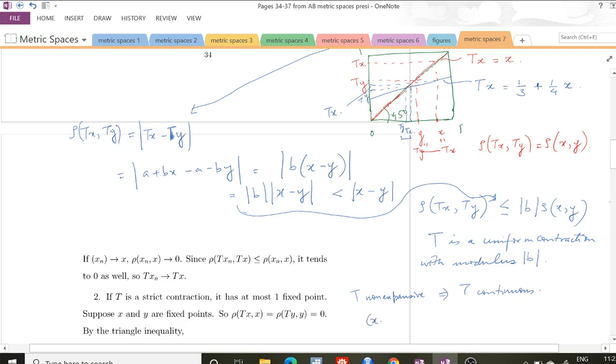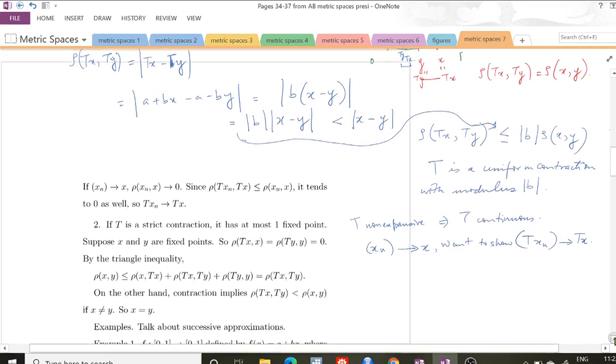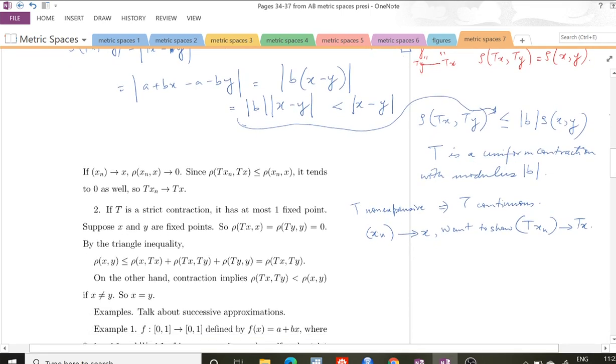So suppose xn is a sequence in the domain converging to x. We want to show txn is a sequence in the codomain, which again is the domain itself, that converges to tx, provided t is non-expansive. So what's happening here?